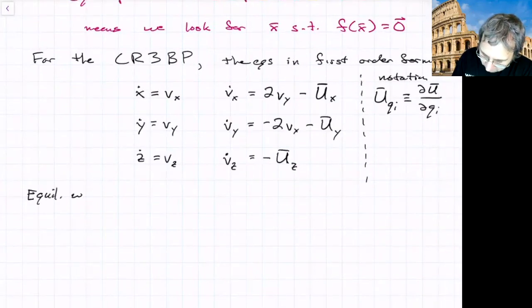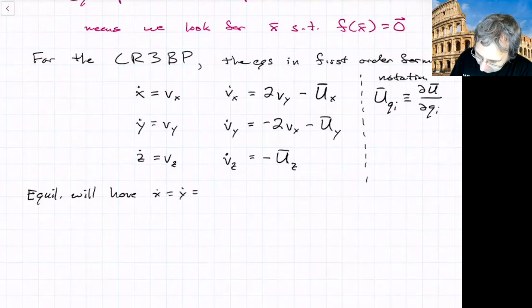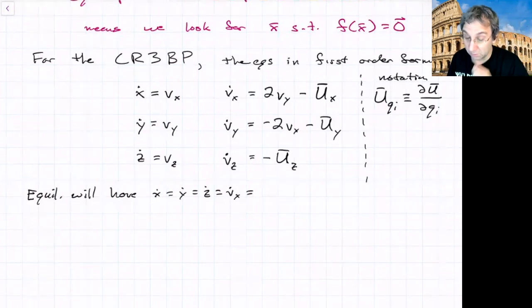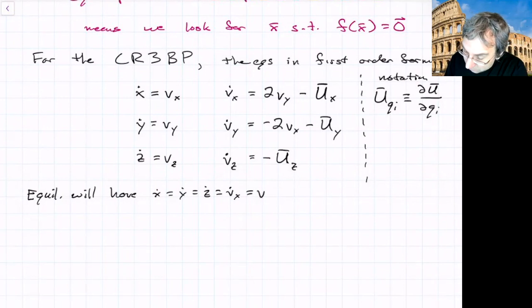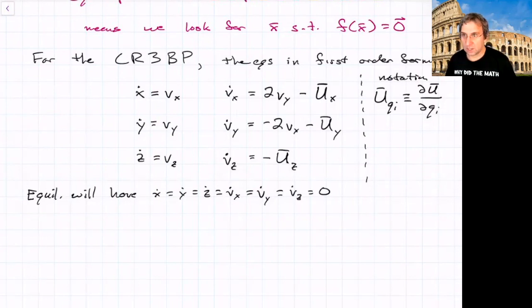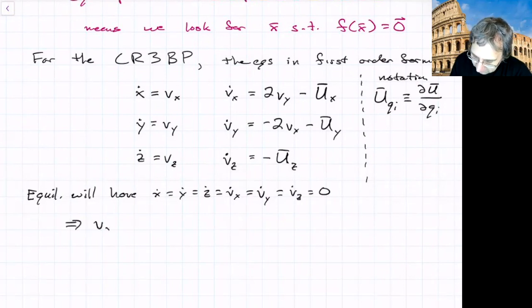An equilibrium point will have x dot, y dot, z dot, and all of their time rates of change, in other words the accelerations, equal to 0 in the rotating frame. So we could look at the right-hand sides of these 6 ODEs and just set them equal to 0. This implies that the velocity in the rotating frame is equal to 0, which is kind of obvious.